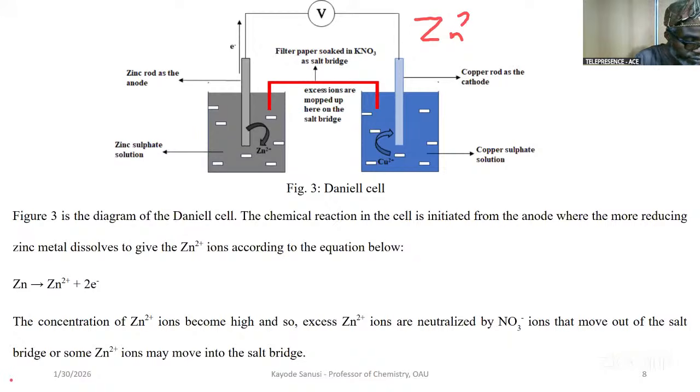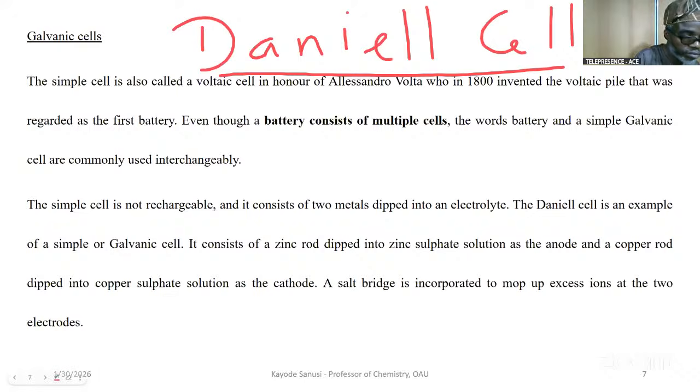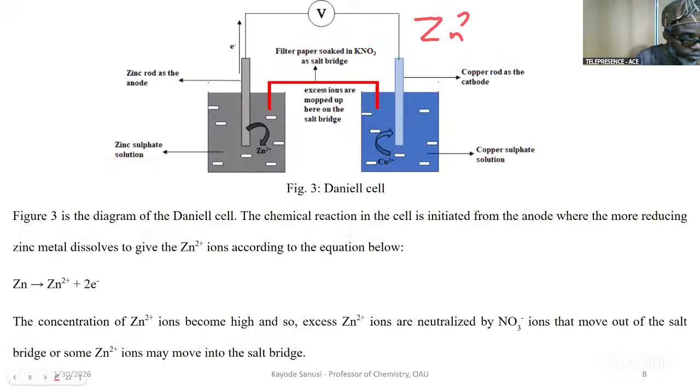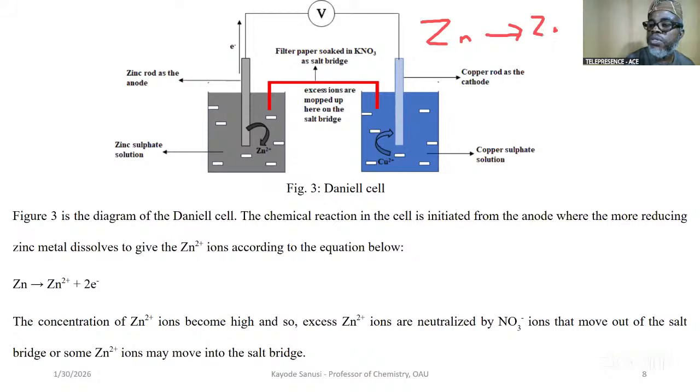Zinc dissolves to produce Zn2+, and in the process releasing electrons. So the electrons being released flow out of the electrode to the external circuit.